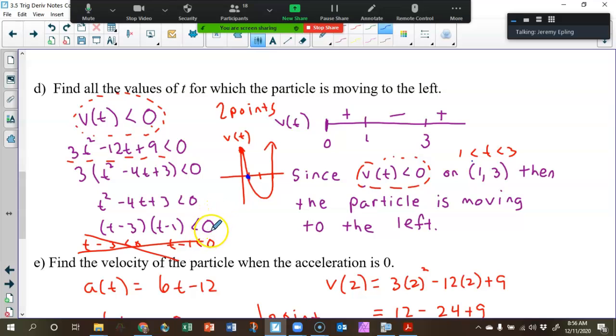Well, if there's no change in my position, that means my particle's at rest. It isn't moving to the left. It's standing still. It's standing still because it's actually changing directions here, right? When we were less than 1, we were moving to the right. When we were greater than 1, from 1 to 3, we're moving to the left. At 1, we're changing directions. And the same thing at 3. We're changing directions here.